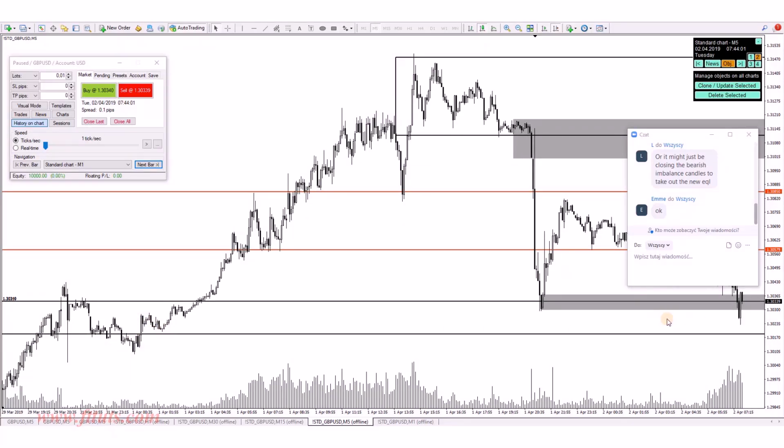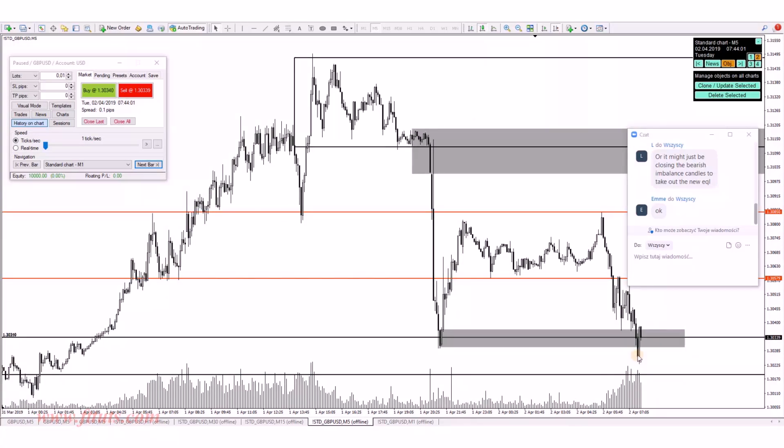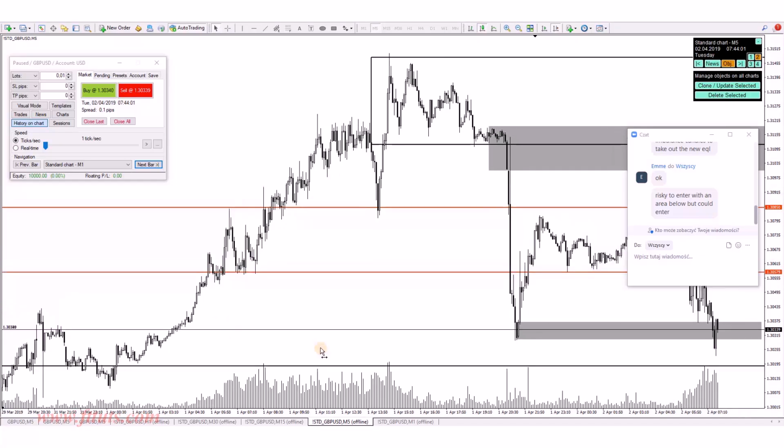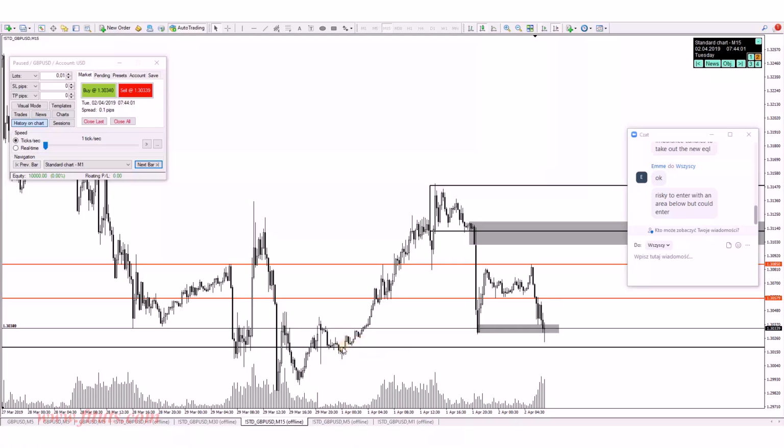Just what I'm doing, guys, just to not make you confused, is looking for a reason why the price rejected from here, because these two candles also on the M5 have a small body on top and a big wick to the downside. It was a very big rejection during just 10 minutes, and I'm looking for any reason why it happened here, because I just want to have correct zones.